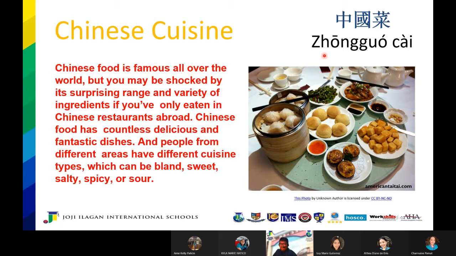Yung mga nasa south, mostly mga rice dishes. Diyan galing sa south ng China yung mga rice noodles, your bihon, mga rice toppings. But then you also have these flavor profiles of different regions. So you go to Sichuan.